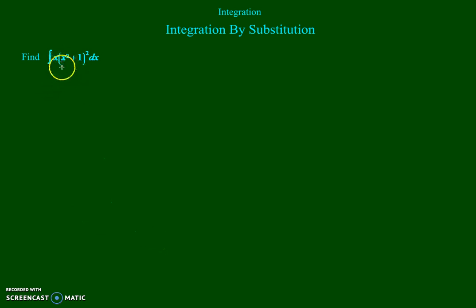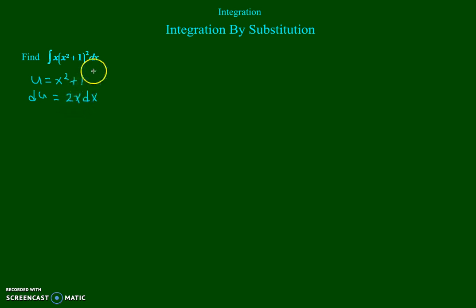So here we see we have an inner function here. So let's let our u be x squared plus 1. So u equals x squared plus 1. Differentiate: du equals 2x dx. Now it appears we have a little bit of an issue, don't we?